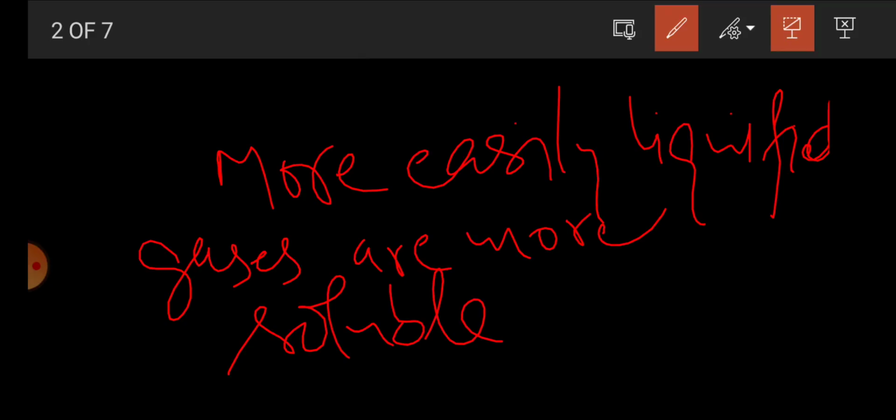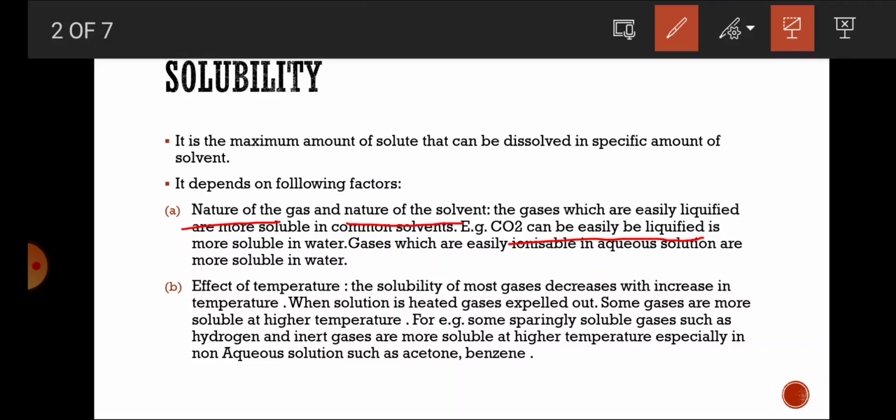We have to say that if they are easily liquefied, then they are more soluble in the aqueous solution.